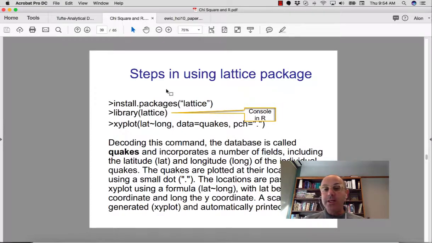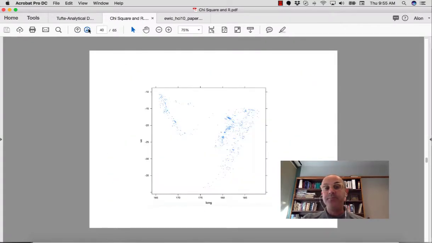The steps of using this package are, first of all, you need to install the package, and then the next stage is you employ the plot, in this case xyplot, which comes from the package itself. Embedded in the package is a data set, in this case lattice's queens data, and you are able to generate a visualization out of it.